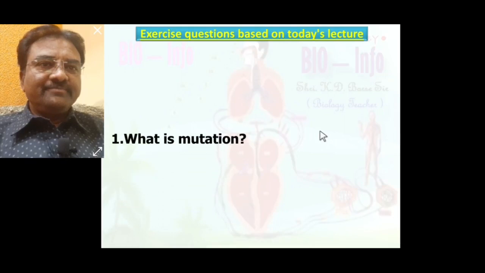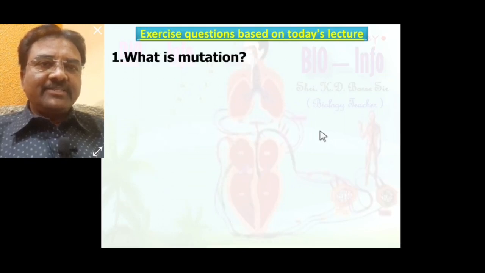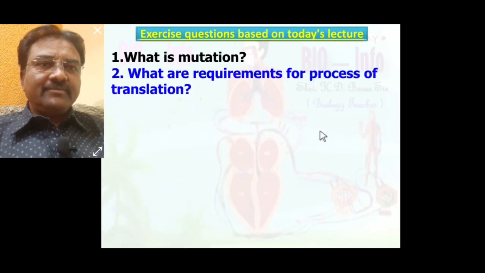Now, what is mutation? A sudden change in the DNA sequence is called mutation. What are the requirements for the process of translation? 20 different essential amino acids, mRNA, rRNA, and tRNA are most important.